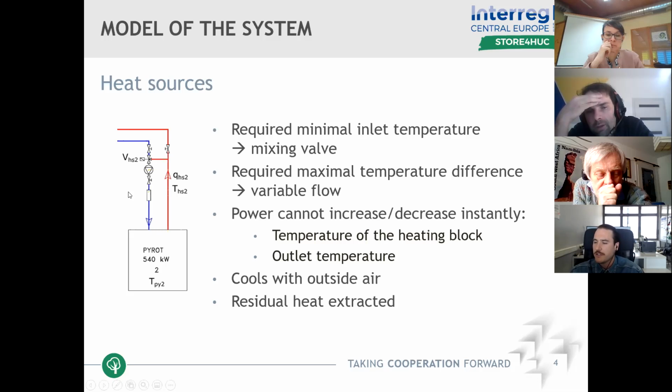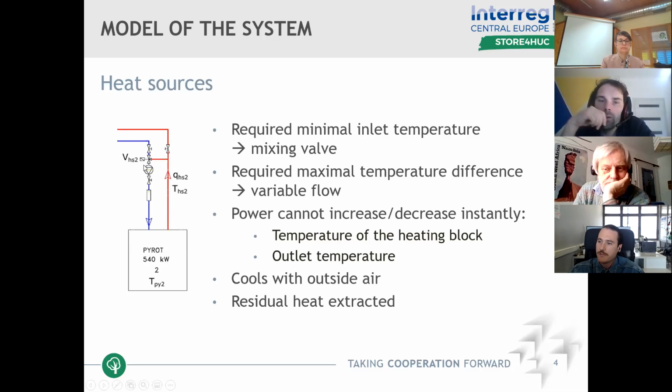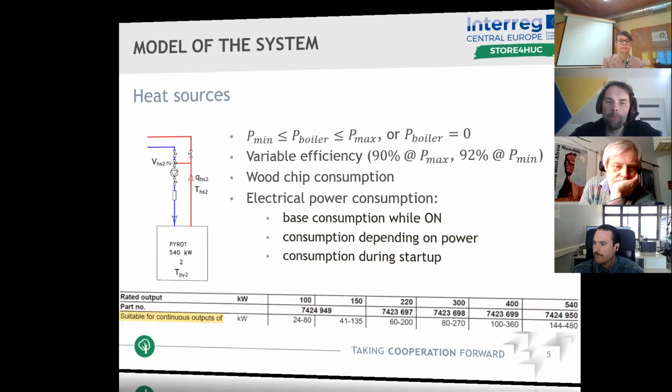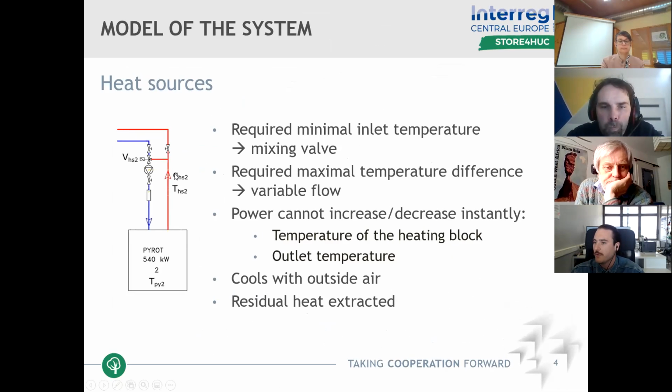It is 65 degrees. So if the temperature of the bottom layer of the tank is below 65 degrees, this valve will slightly close this side and open this side. So part of the flow with hot water coming out of the boiler will go into the inlet flow. So it will heat up this water to these 65 degrees. So it is also another nonlinearity in our system, which we model to be as accurate as possible.